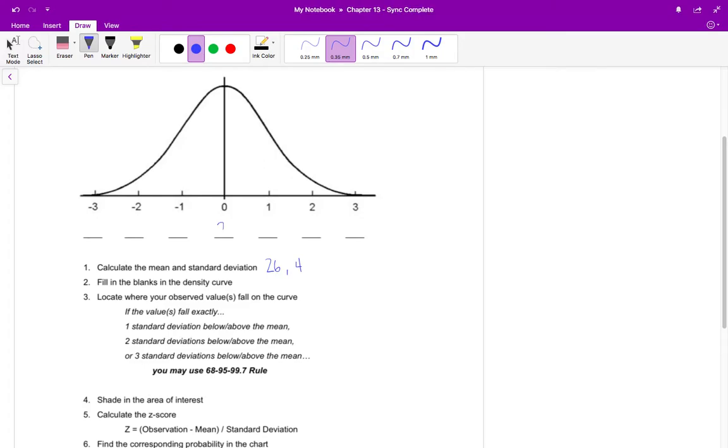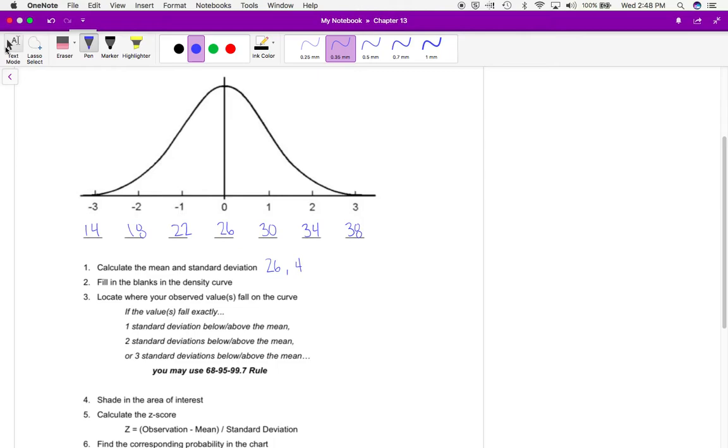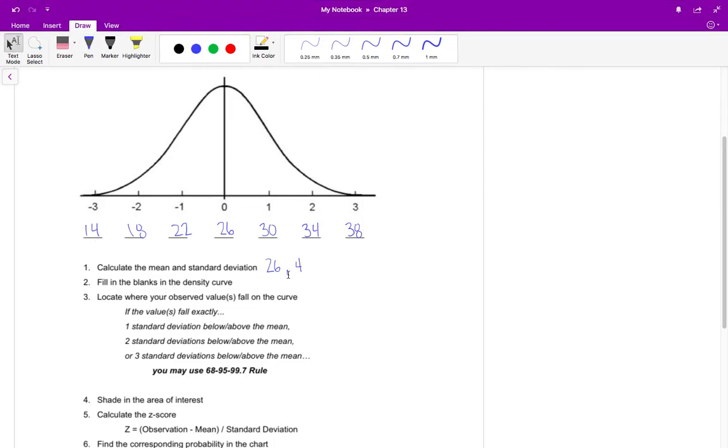So in the middle is 26, and then one standard deviation away is 30. Notice I'm just going to add 4 each time that I do this. 34, 38, and then do the same thing in this direction. We'll do 22. We'll go 18, and we'll go 14. Hopefully now you're starting to see why that standard deviation of 4 is not that practical, okay?